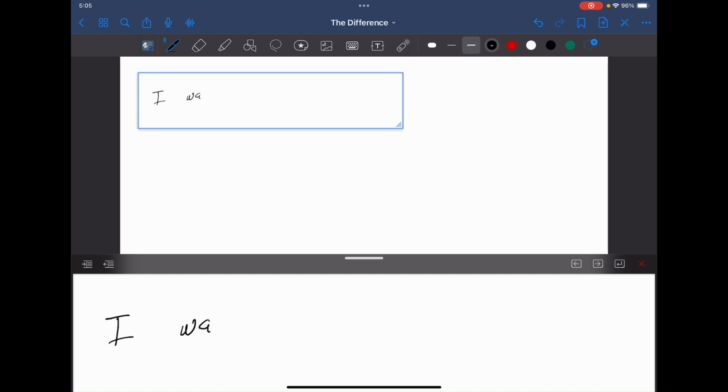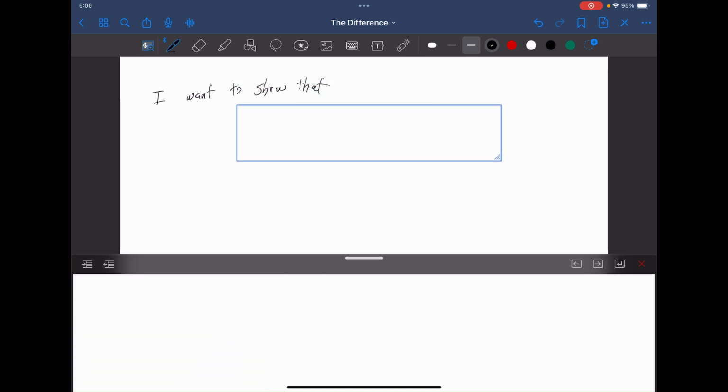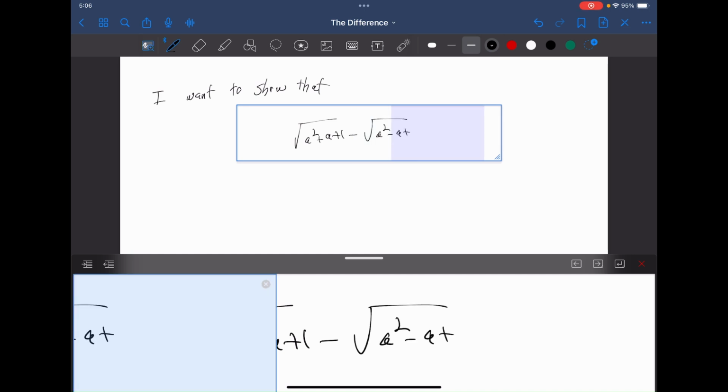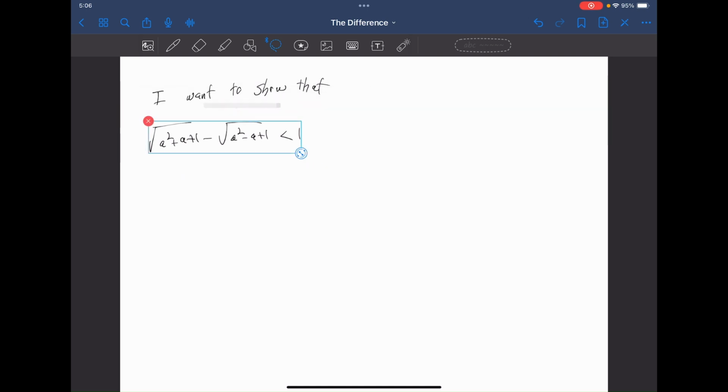I want to show that root of a squared plus a plus 1 minus root of a squared minus a plus 1 is less than 1. This is for all a non-negative, right?